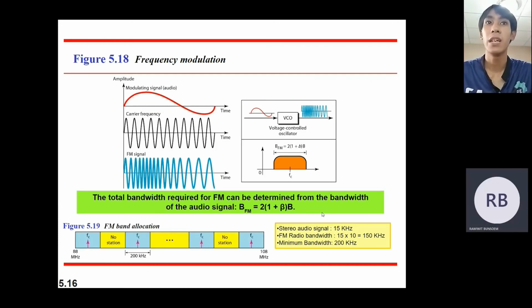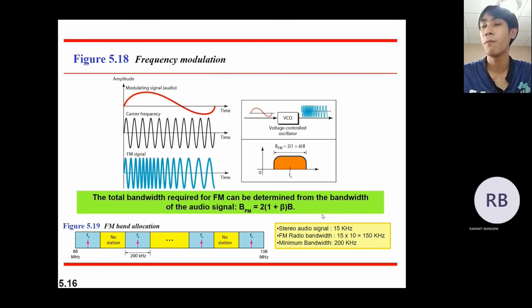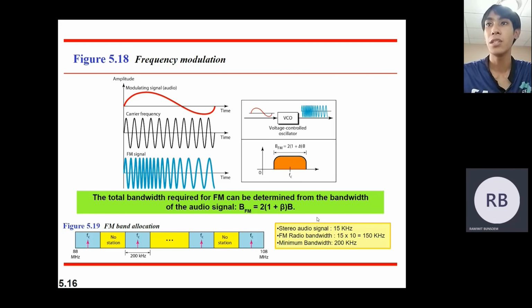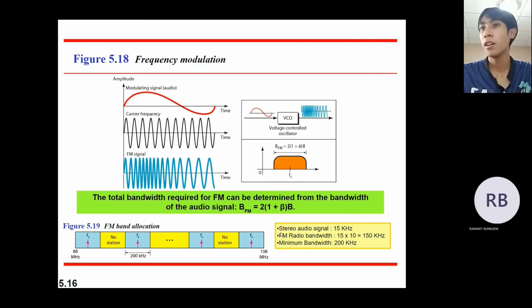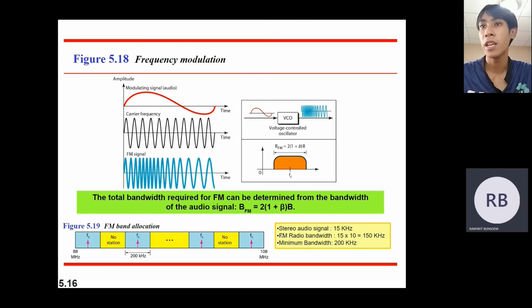Frequency modulation. The total bandwidth required for FM can be determined from the bandwidth of the audio signal. B FM is 2 times 1 plus beta, times B. FM bandwidth allocation: the stereo audio signal is 15 kHz.